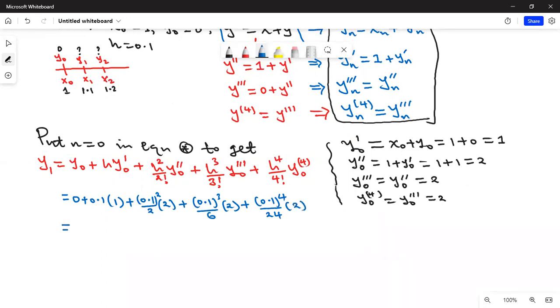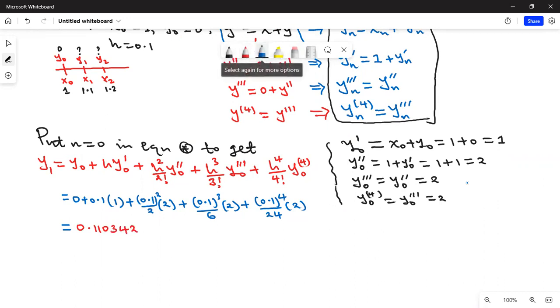So when you press this in your calculator, let us see what you're going to get. If you do it, you need to get 0.110342. That is correct to 6 decimal places.